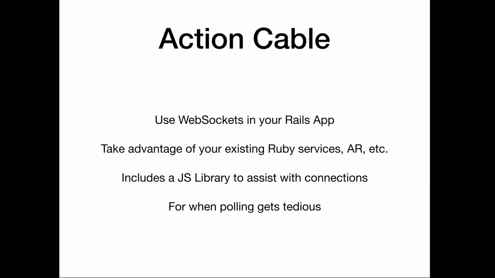And it allows you to take advantage of your existing Ruby code. So ActionCable allows you to use your Sidekiq jobs, Active Jobs, whatever you have within your Ruby code base, and still talk over the wire to your front end. It also provides a nice little JavaScript library that helps manage the connections from the JavaScript to the back end.